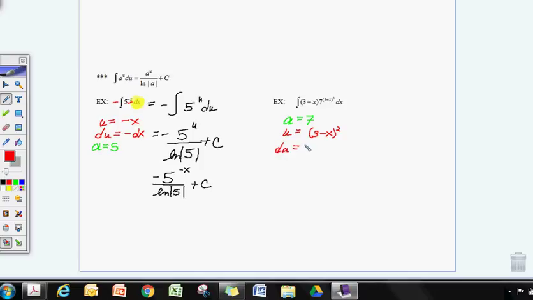You can use your chain rule: 3 minus x to the first power, and then derivative of the inside would be negative 1 dx. Or you could have FOILed it out, but look at the form that the rest of the stuff is in. It's in this 3 minus x, so I want to leave this in the 3 minus x. That means its du is negative 2, 3 minus x dx.